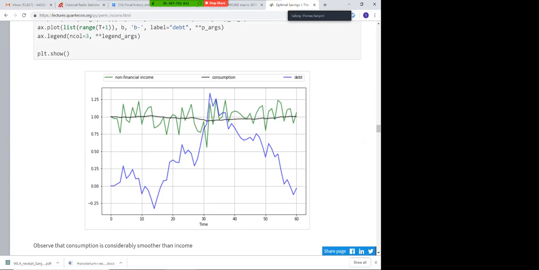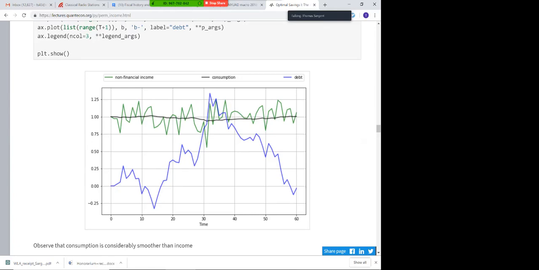The black line is consumption. That's following a random walk, but you'll see it's doing a very good job of smoothing his income because he wants to. He can't do it perfectly, and the way he's doing it is running up a bunch of debt here. Look at this. He's running up some debt. Here he runs it down. Here he runs it up, runs up his debt.